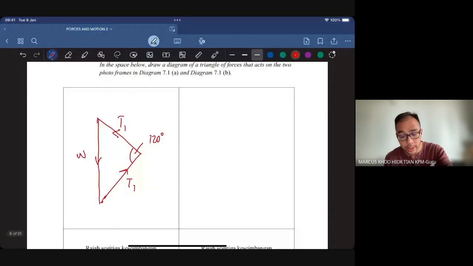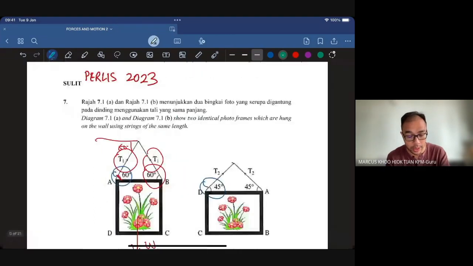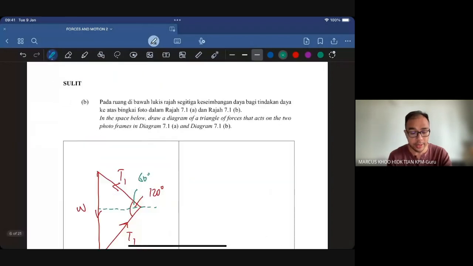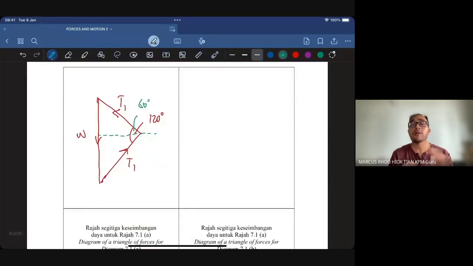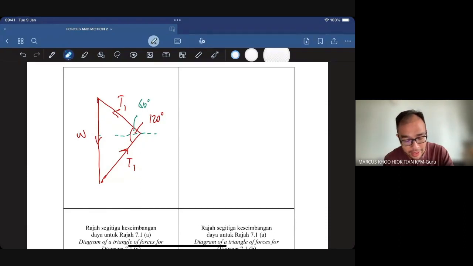Okay, kalau saya lukis satu garis begini, dan ini akan jadi 60 darjah, which is the same situation as this. Okay, manakala over here, this is T1 going on top to the side over here, this is 60 degrees. Okay, now either way, if you cannot remember this, okay, because I know we are all planning for exam.